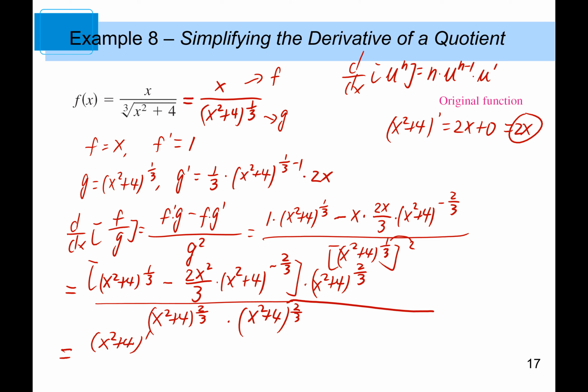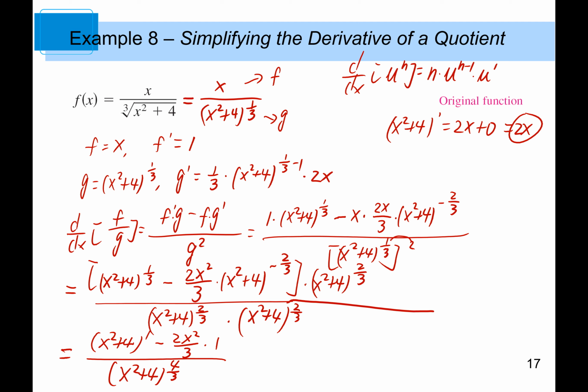The second term becomes 2x squared over 3, and the negative and positive exponents cancel each other, so we end up with the 0 power. (x squared plus 4) raised to the 0 power becomes 1. Very good. So the denominator is (x squared plus 4) to the 4/3.